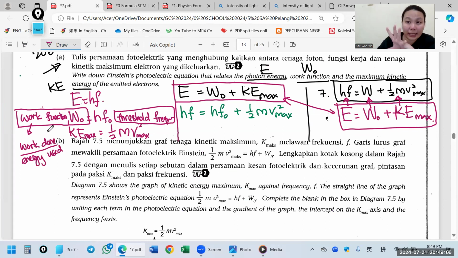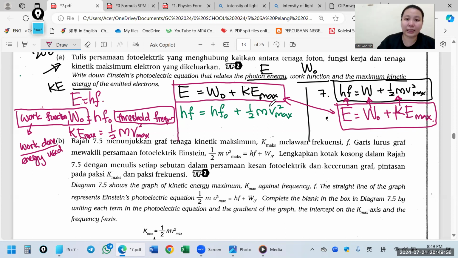The wording is different, so many people feel blurred. Work is energy; work done is energy used to do work.